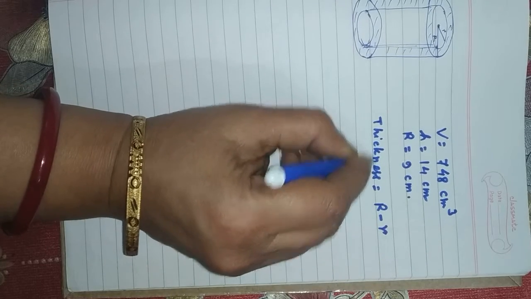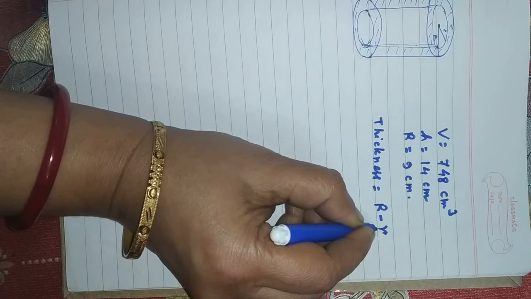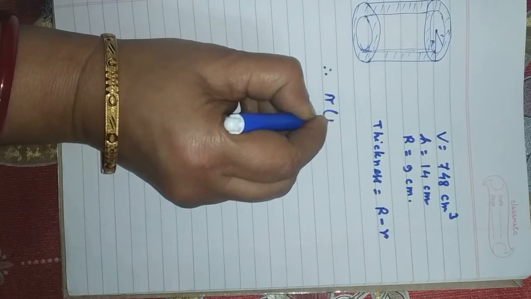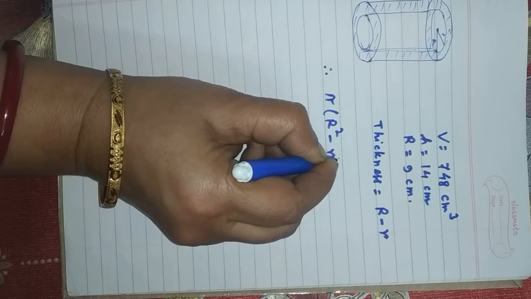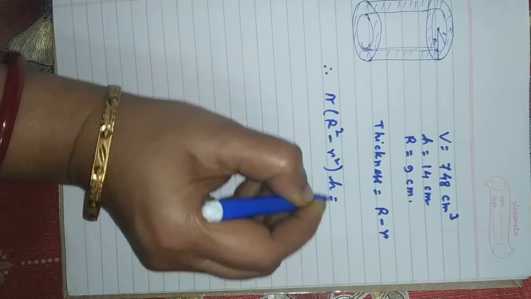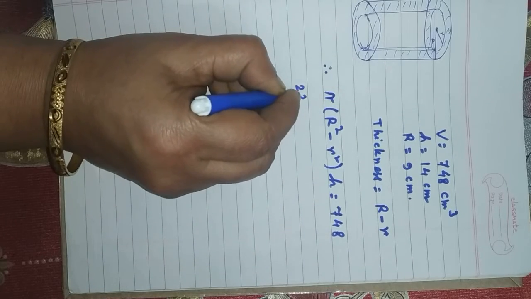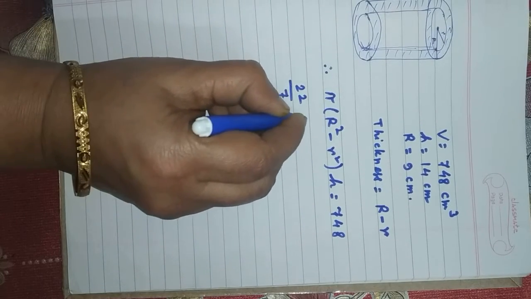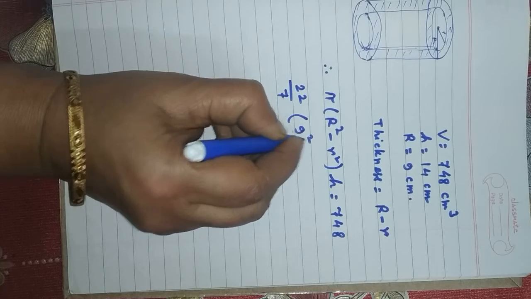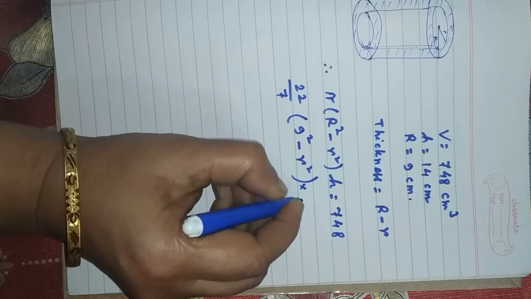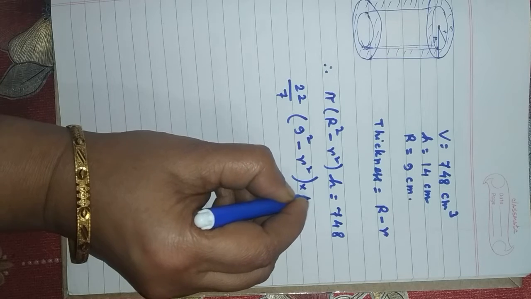So to find thickness, first we have to find out small r. Now by using the formula, pi times capital R square minus small r square into h, that is volume of a hollow cylinder, equal to 748. Pi is 22/7, capital R square is 9 square, minus small r square, small r we are going to find, h is equal to 14.